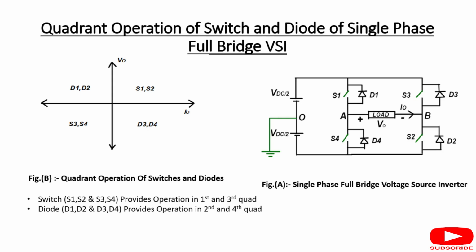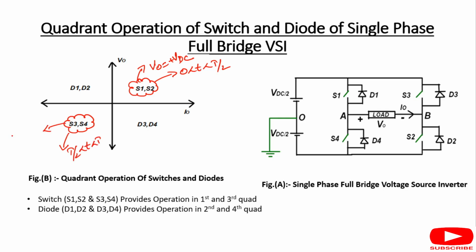What we observed is that during the switching operation of S1 S2 for the time period of 0 to T by 2, the output voltage is plus VDC. In a similar manner, during the switching operation of S3 S4 for the time period of T by 2 to T, the output voltage is minus VDC.